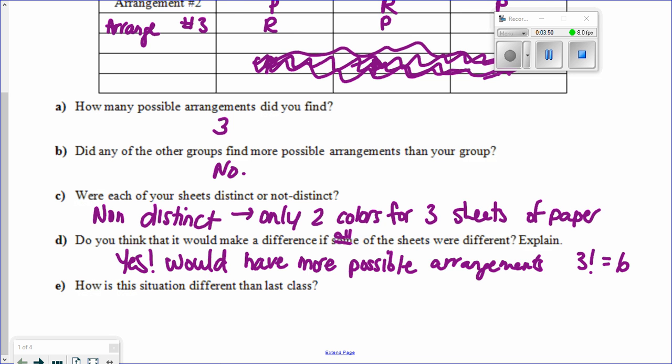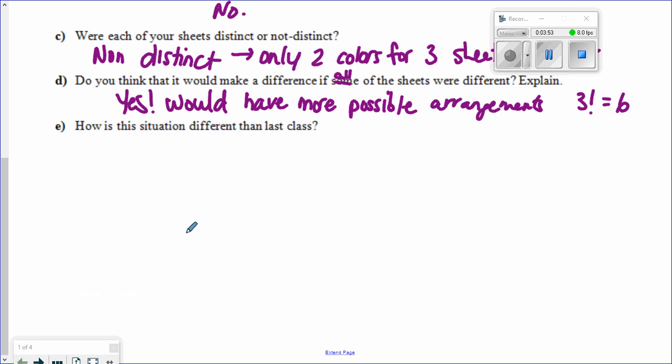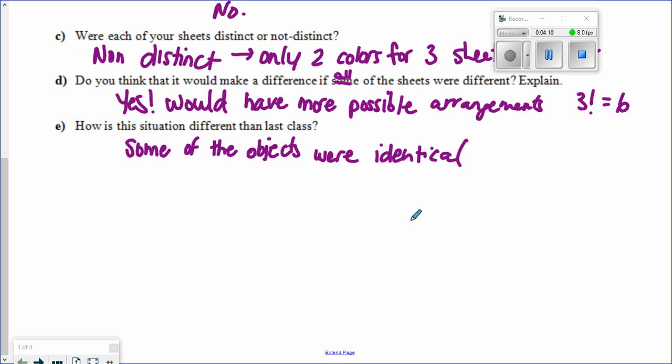This situation is different than the last couple days because some of the objects were identical, or non-distinct, or non-distinguishable. Lots of different ways that you can write that.